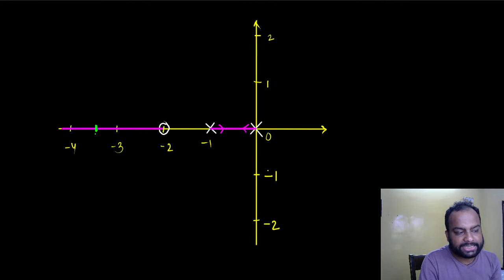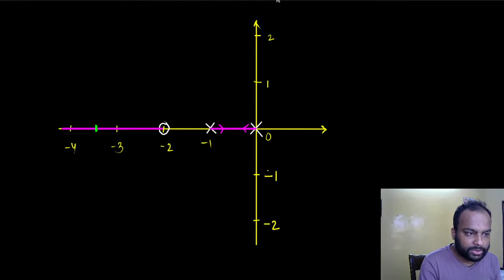Question is, is this a valid breakaway or break-in point? Fortunately for us, the answer is yes. This is going to be a valid breakaway or break-in point, because it is lying on a part of the real axis that is on the root locus, right? This entire part of the real axis is on the root locus. We already verified that by using rule number 2. And if my breakaway or break-in point is standing here, then definitely it is a valid point.